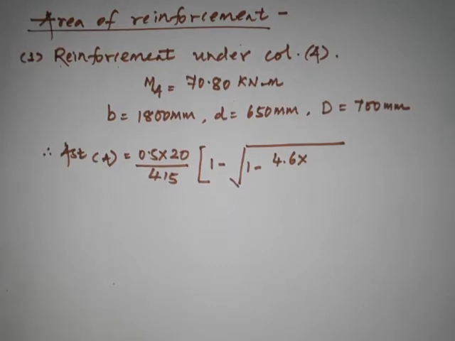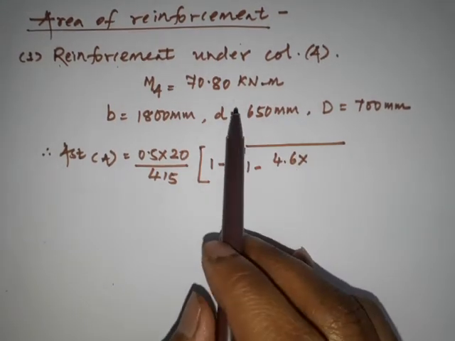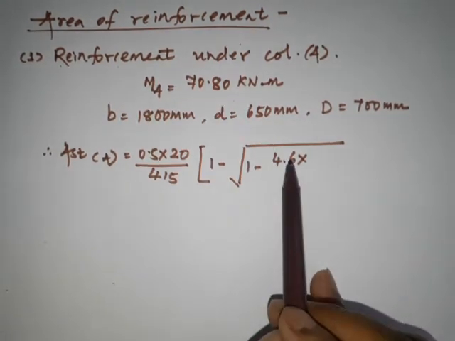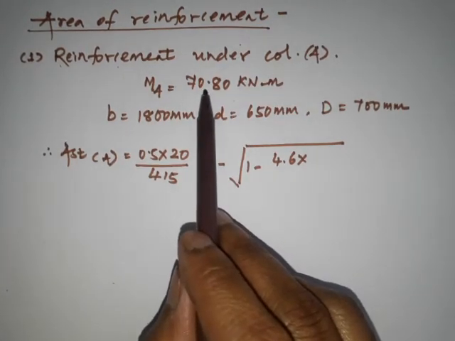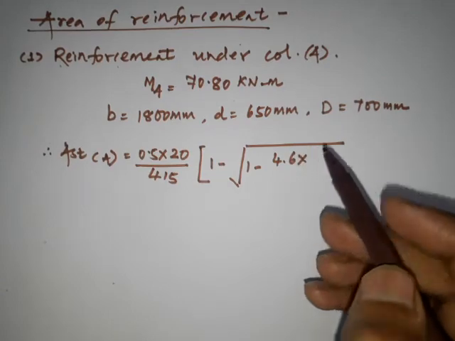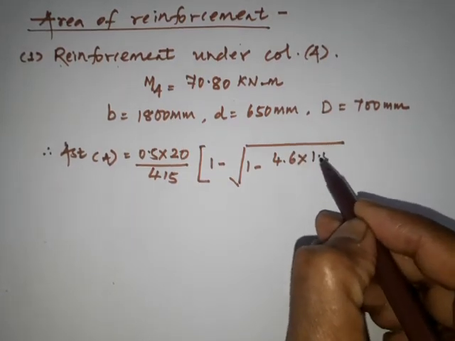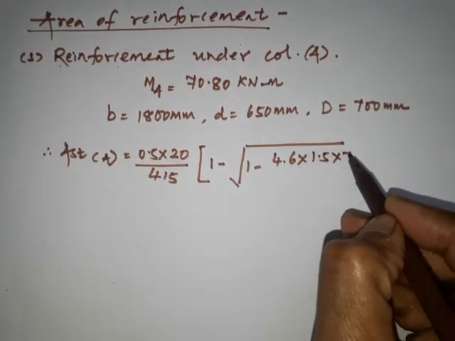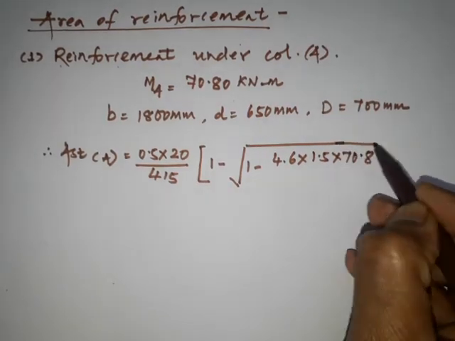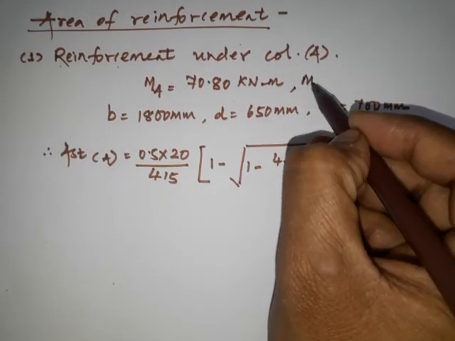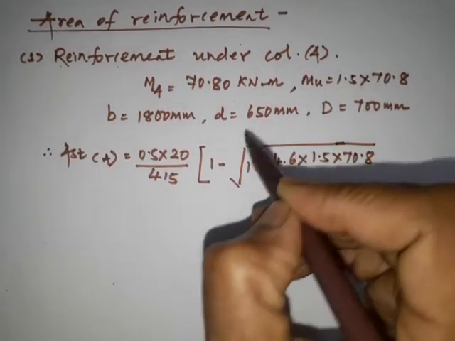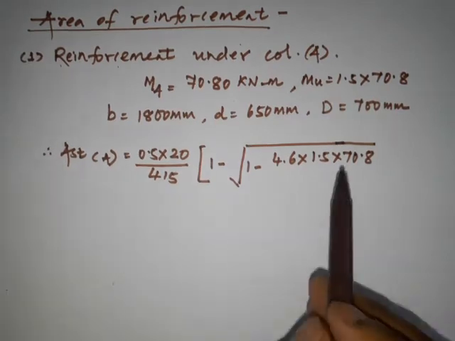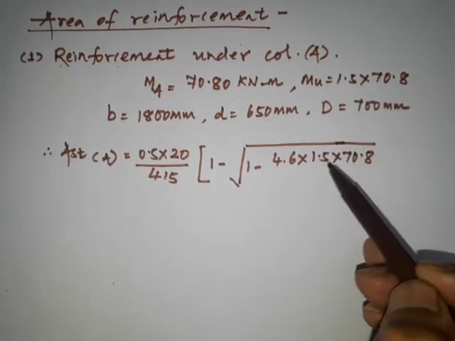So now in the formula 4.6 Mu, you make this moment an ultimate moment by multiplying by the factor of safety. So Mu is equal to 1.5 into 70.8. By calculating this value, you can directly use that value.